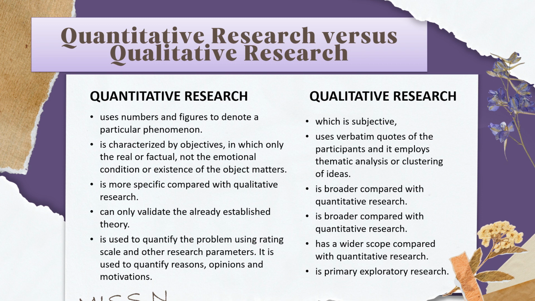It is used to quantify the reasons, opinions, and motivations. So in summary, quantitative involves numbers, tables, and figures, while qualitative involves words and the composition of your thoughts or opinions.